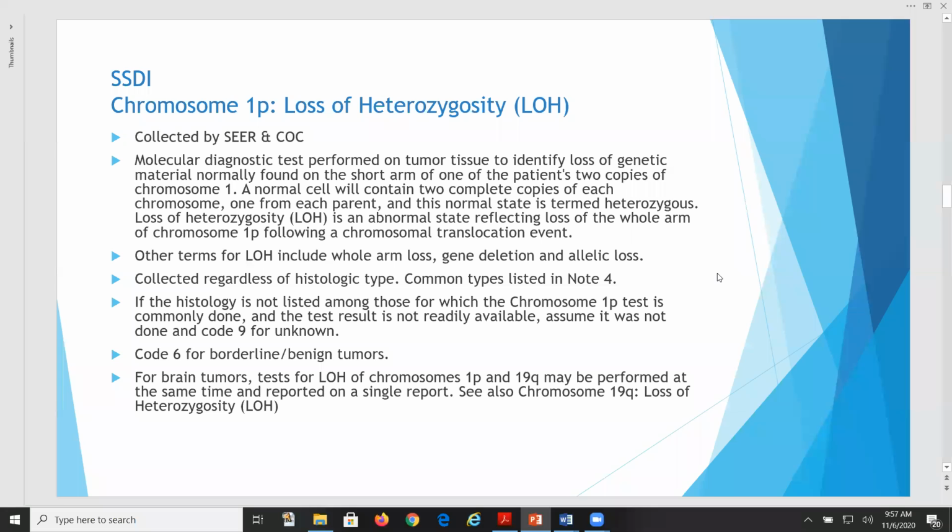And note that for this test, the subsequent test for the SSDI chromosome 19q, which will be the next SSDI, may be in the same report or on the same test. So if you get a report back, be sure to look for the findings for both of these SSDIs, chromosome 1p loss of heterozygosity, as well as 19q.